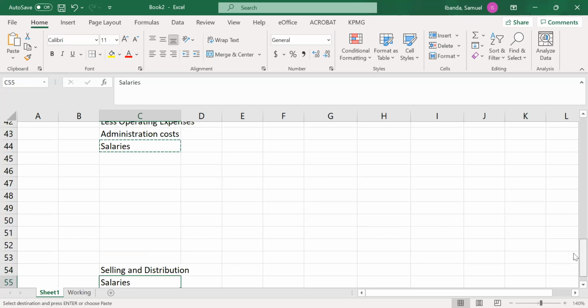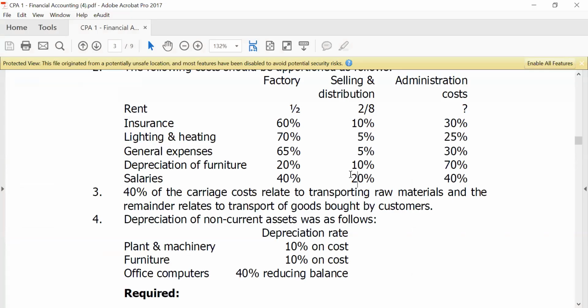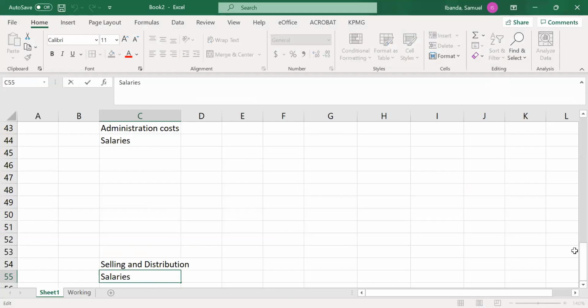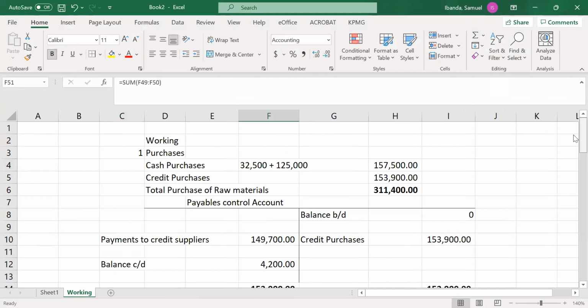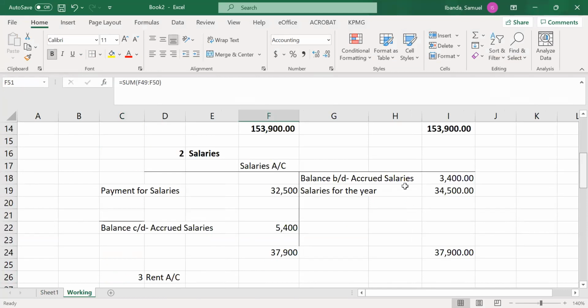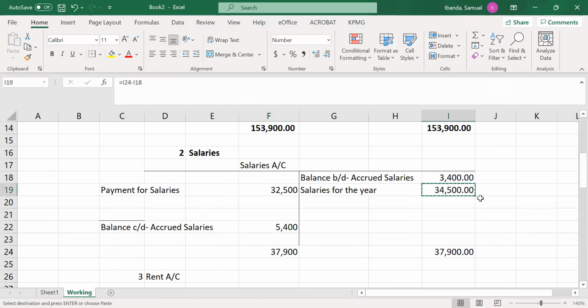As they have told me, this is 20% selling and distribution, and then this is 40%. So I'll just come here and say this is 20%. Remember, we are doing 20% of what we got as our salaries value, which is 34,400.